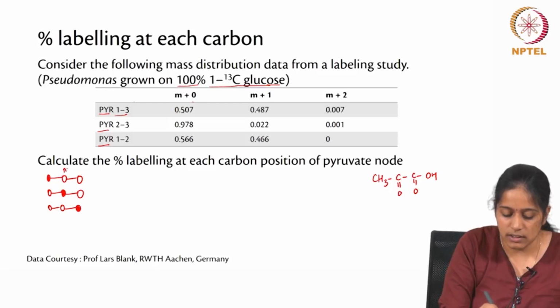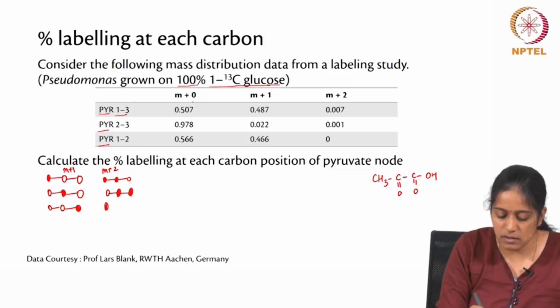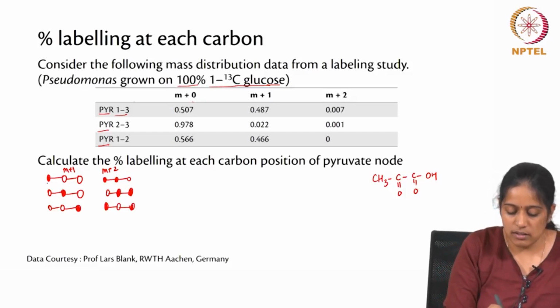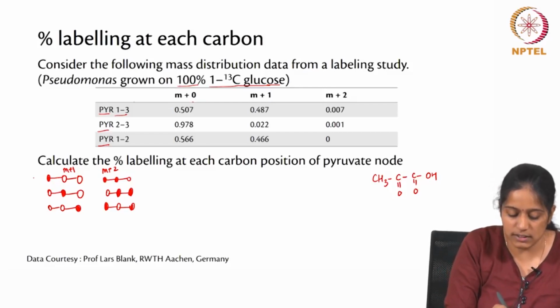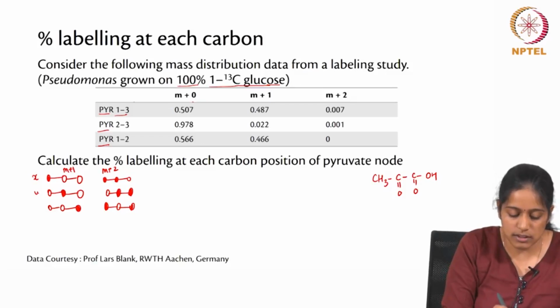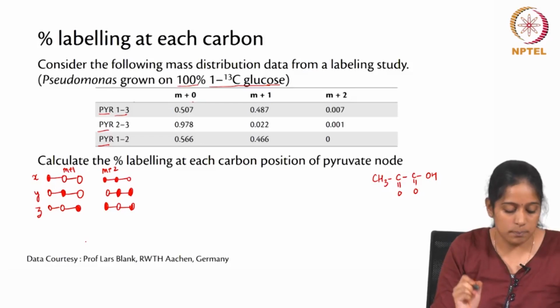So, this is m plus 1, m plus 2 again is this, this and this. Now I call the pyruvate that is labeled at the first position x, pyruvate labeled at the second position y, and pyruvate labeled at the third position z.